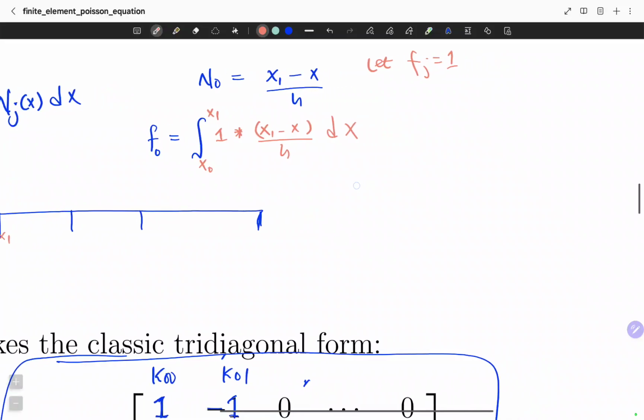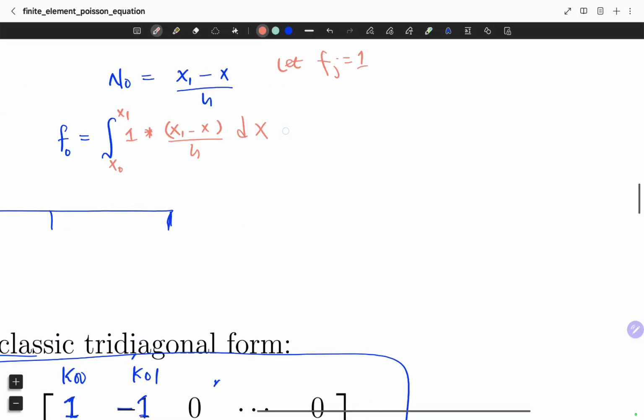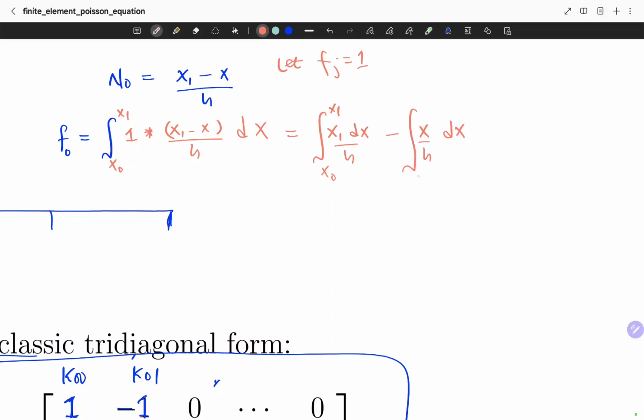Let's just say we integrate, let's split. You're going to have the integral of x1 dx over h from x naught to x1, minus the integral of x over h dx from x naught to x1.